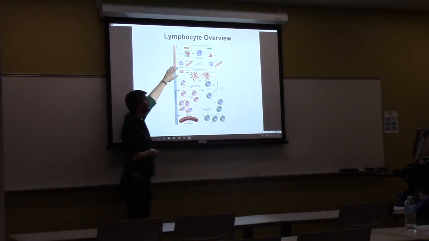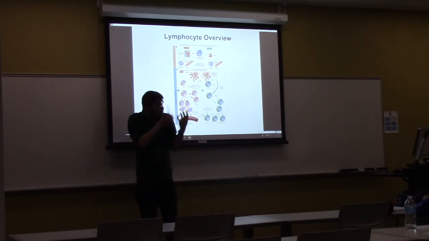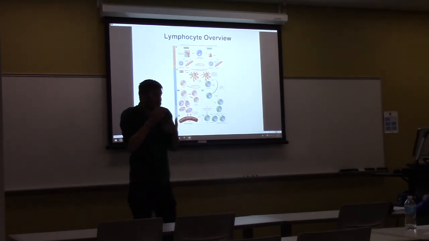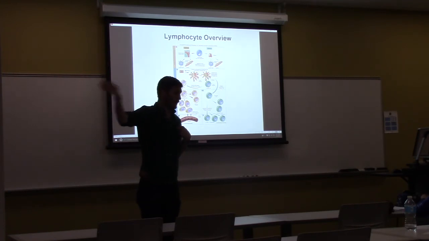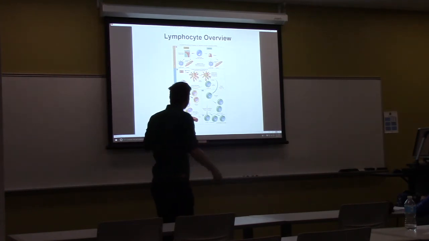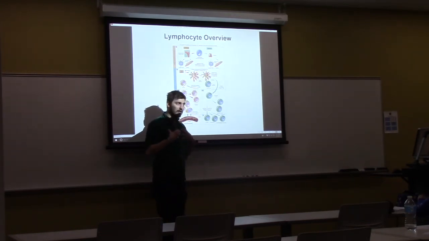So in the beginning, during development, these T and B cells change their genetic material, so each one of them responds to a unique antigen. Some of those antigens will be your own. Other antigens will be everything else outside. And what you need to do during maturation is get rid of the ones that respond to your own antigens.